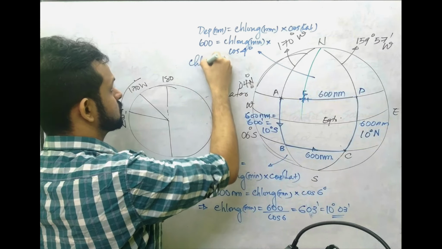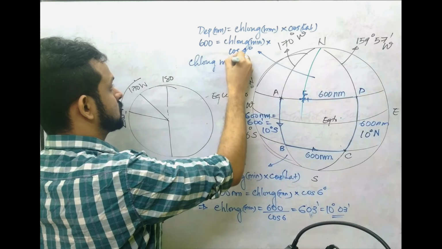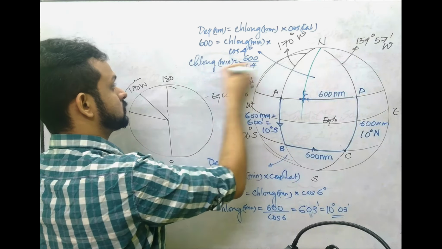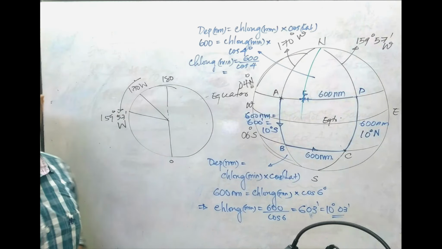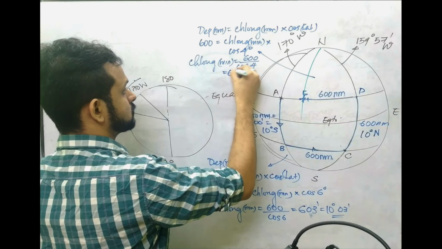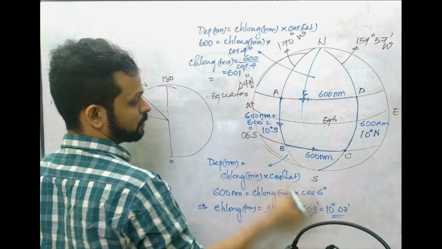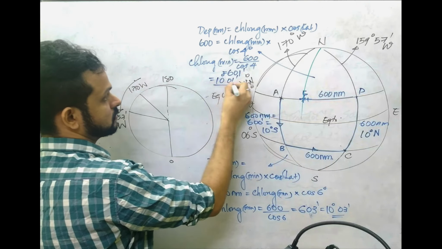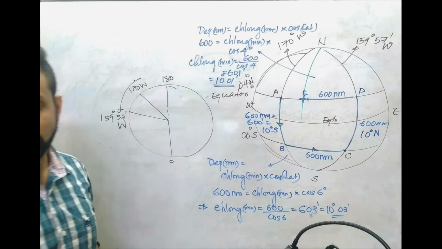So the change in longitude in minutes is 600 divided by cos 4. 601 minutes, and that is again approximately equal to 10 degrees and 1 minute.